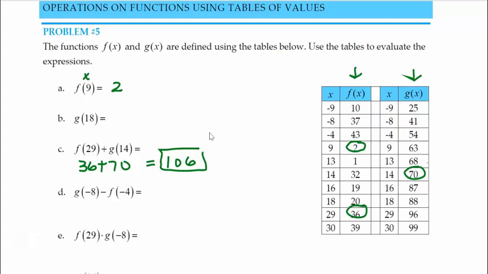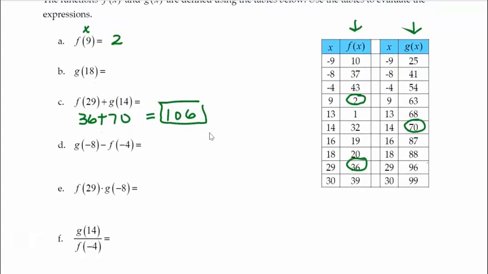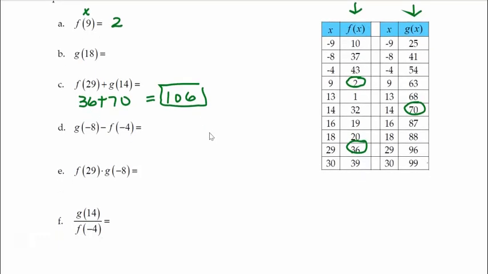Okay. And then just be careful to make sure you're watching whether it's subtraction, multiplication, division, and so on. So let's do one of these multiply ones also. So f of 29 was 36, like we said before. And then g of negative 8 gives me 41.